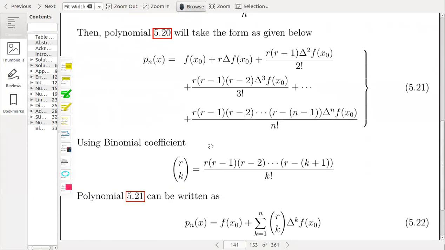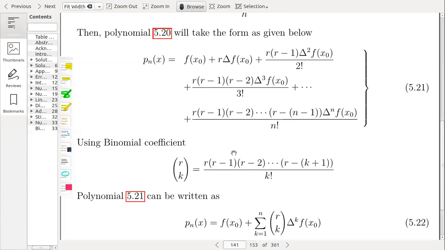So here we make use of the binomial coefficient, because the binomial coefficient of r choose k can be written as r into (r minus 1), (r minus 2), so on (r minus k plus 1) over k factorial.